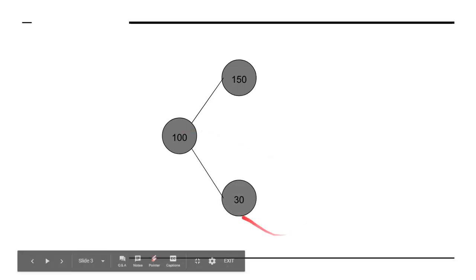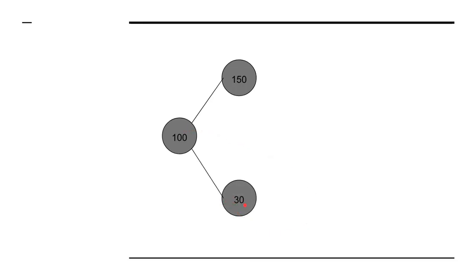Similarly, if someone comes and tells that he ate cookies less than this guy, he'll sit at a position lower than this guy. So this guy came and said he ate 30 cookies. The rule says he has to sit at a position lower than this guy. This applies to each and every member of the family.